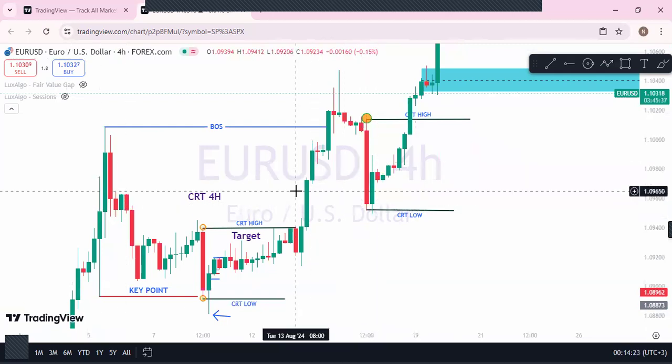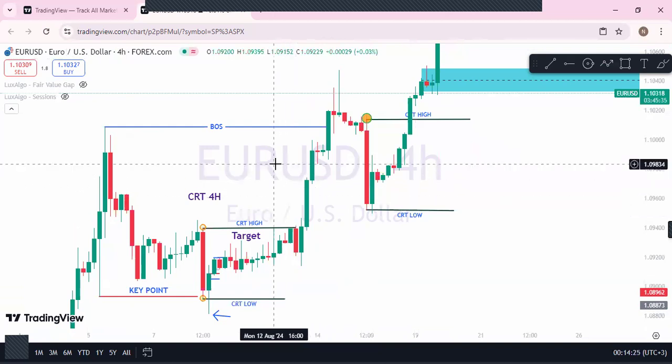So we have three options at this point. And if you are still watching the video, you are very lucky because I'm giving out so many things in just one single topic. So let me show you an entry, or exactly the thing that shows us that this CRT candlestick or CRT model is valid.